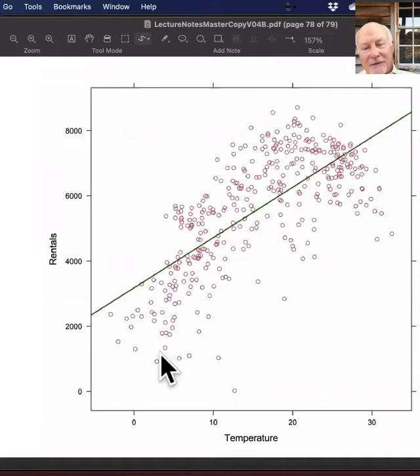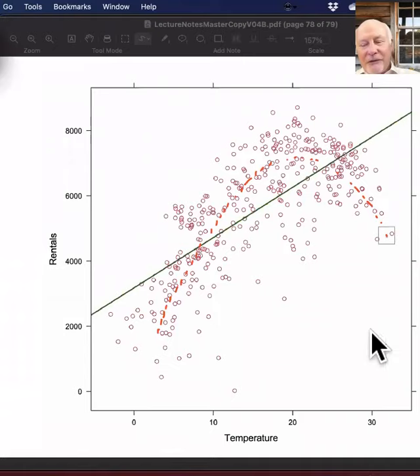But what we might query with this one is, when you look at it, it doesn't look much like a really straight line relationship. Okay, it sort of goes up and then it curves down, and that makes theoretical sense, because you can imagine when it gets to 30 degrees, or close to 30 degrees, it starts to get too hot for people to want to ride around on bikes, particularly if they're riding around the city while they're working.